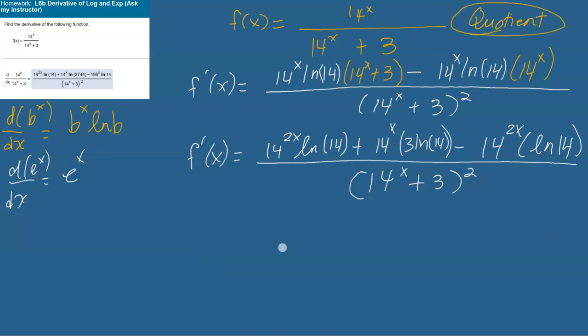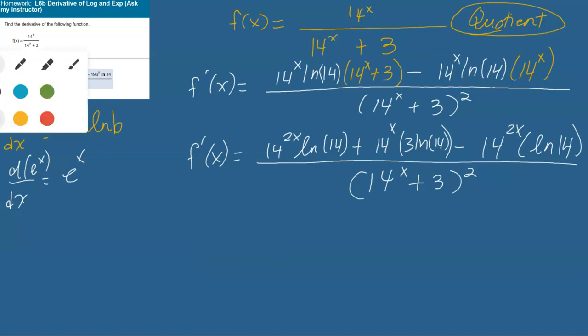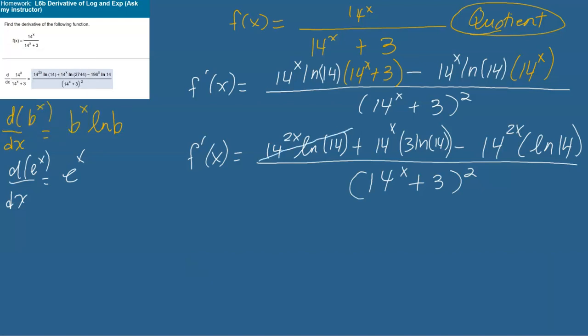So what is happening here? We would say, hey, 14 to the 2x ln of 14 minus 14 to the 2x ln of 14 cancels, right? So all we have is just this part right here. And that would be a good answer.